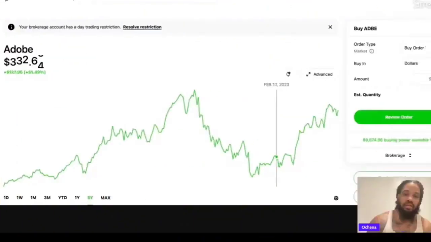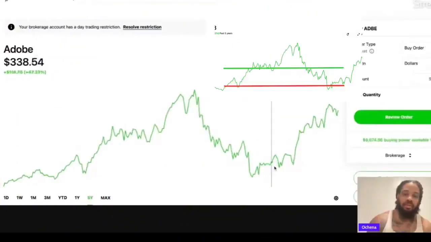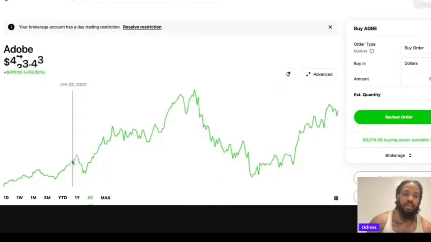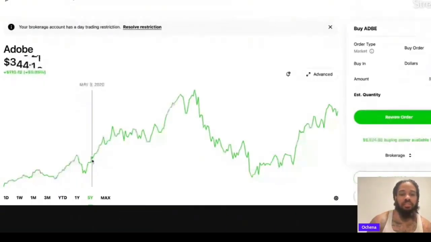I drew a line all the way from the bottom here, all the way out, and then I kind of retraced the steps of Adobe, backtracked. Adobe hasn't really hit that level since about 2020, guys. So that's about 3 years.